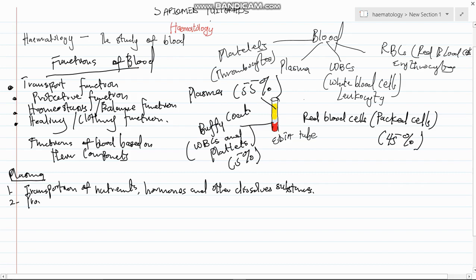So proteins like, say, fibrinogen, which is also known as clotting factor 1, help in blood clotting.